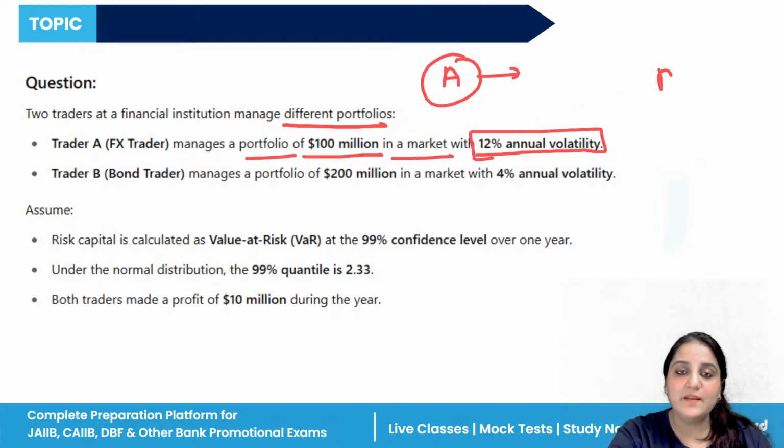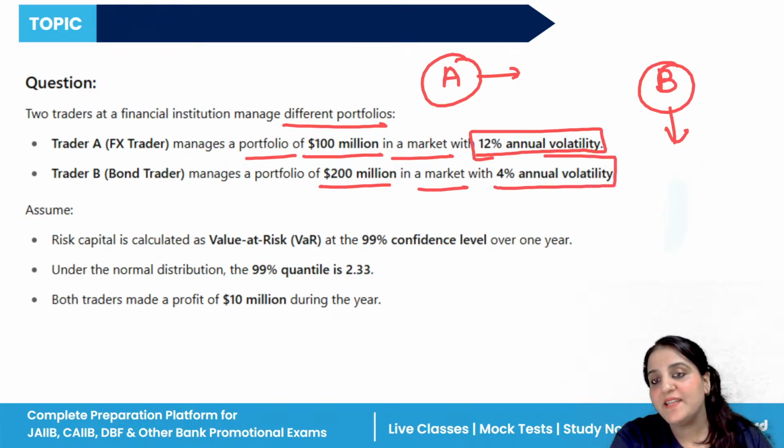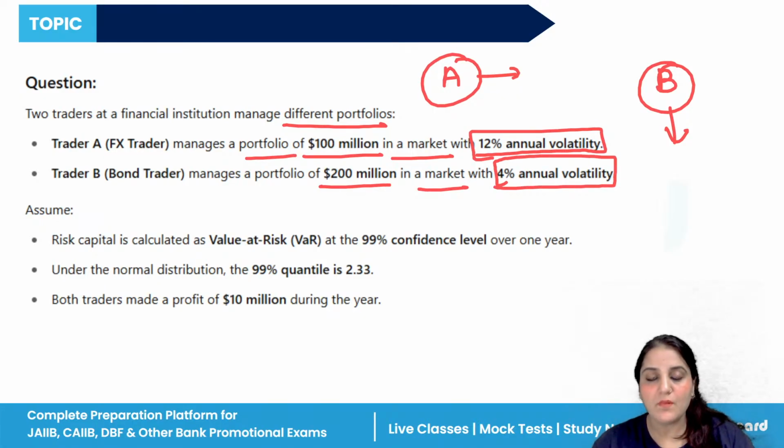Whereas trader B manages a portfolio of 200 million in a market with a 4% annual volatility. Now risk capital is calculated as value at risk at 99% confidence level over 1 year. And under the normal distribution, the 99% quantile is given, which is 2.33.